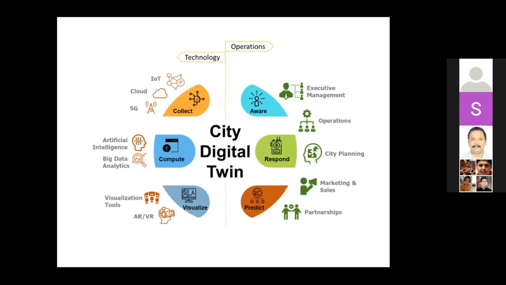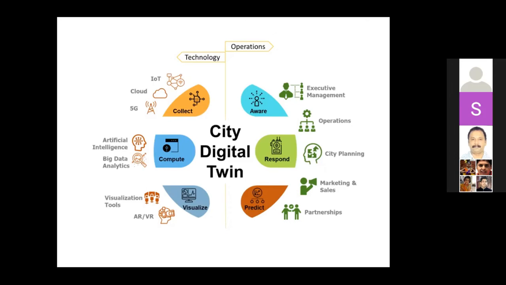Similarly, one of the beautiful applications of digital twin is smart cities. In smart cities, you can see all these enabling technologies of Industry 4.0 can be leveraged for creation of a smart city. Smart city is nothing but again a smart system.